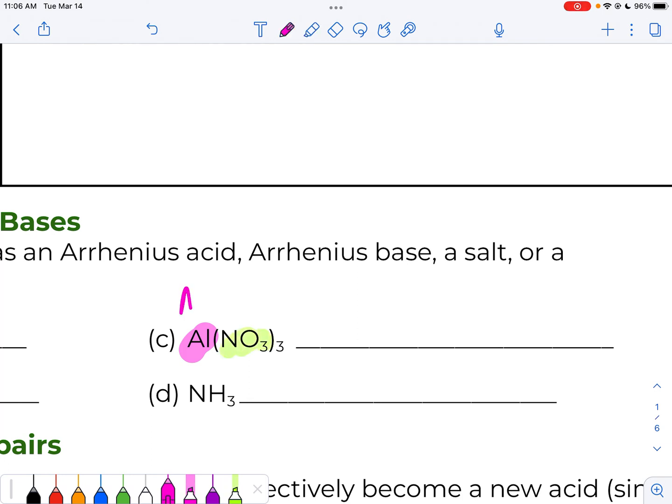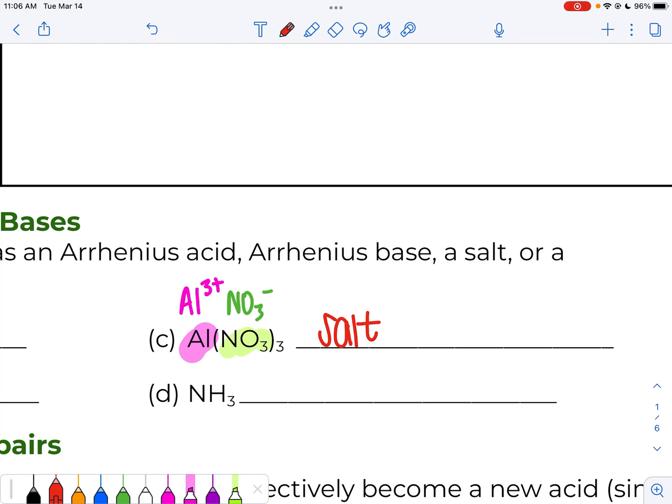This must have come from aluminum 3+ bonding to nitrate, NO3 minus. So this thing must be a salt. It's not going to increase hydrogen ion or hydroxide ion concentrations, and it meets the definition of an ionic compound.